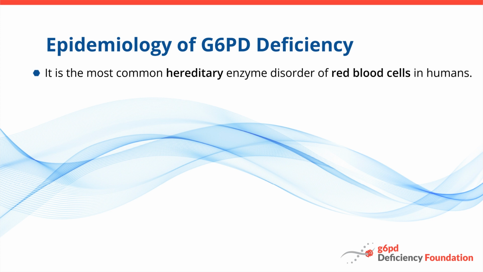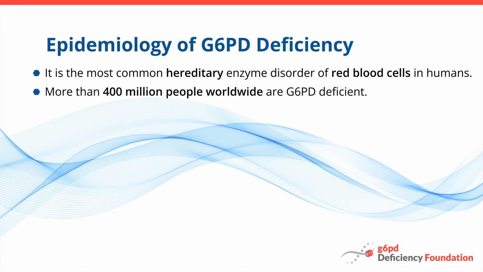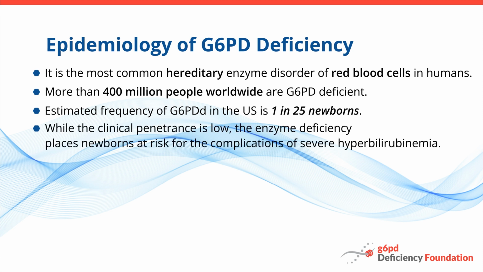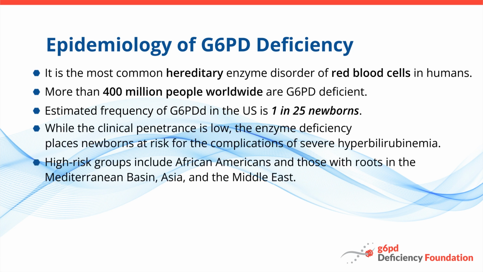Here are a few critical facts about G6PD deficiency. It is the most common hereditary enzyme disorder in humans that affects red blood cells. Worldwide, more than 400 million people are G6PD deficient. G6PD deficiency is highly prevalent in Africa, Asia, the Mediterranean, and the Middle East. In the United States, the prevalence of G6PD deficiency ranges from 0 to 13%.